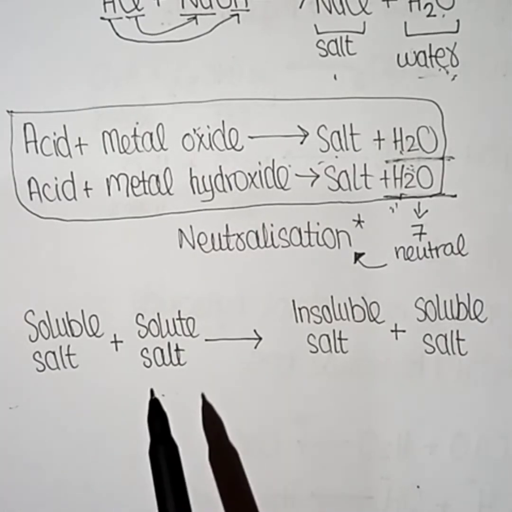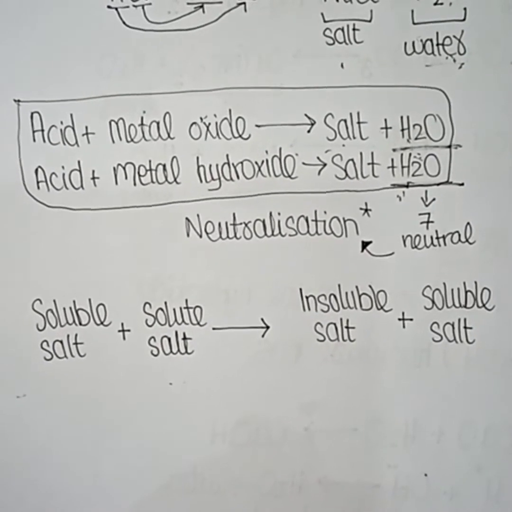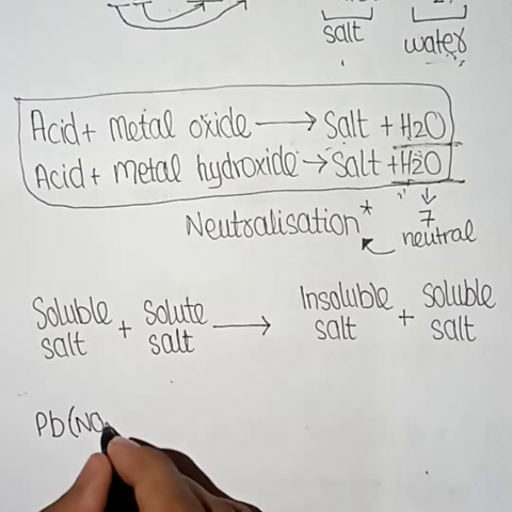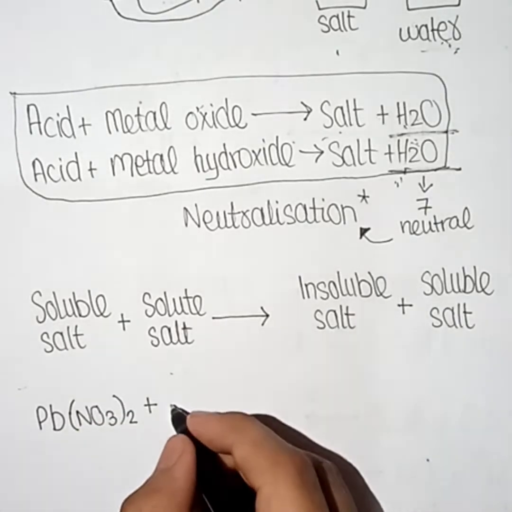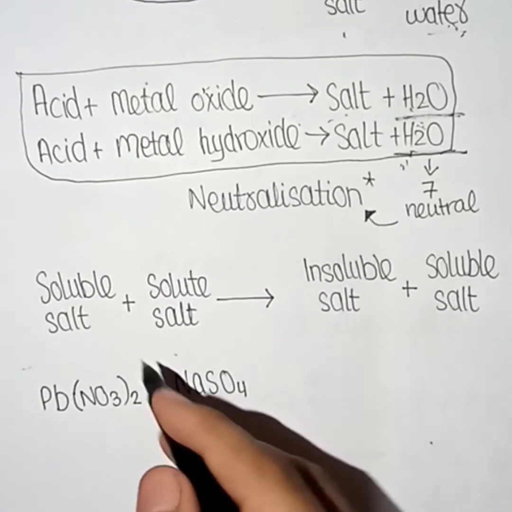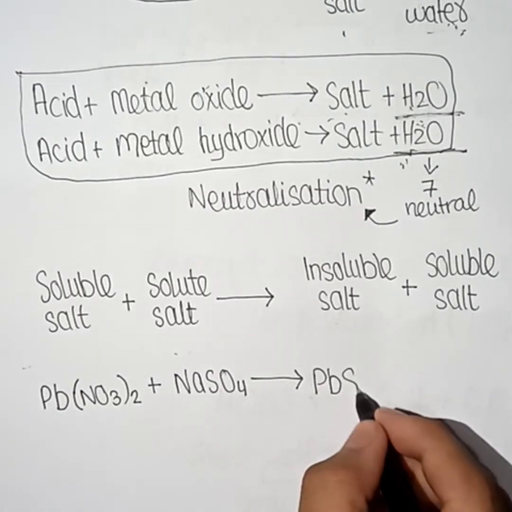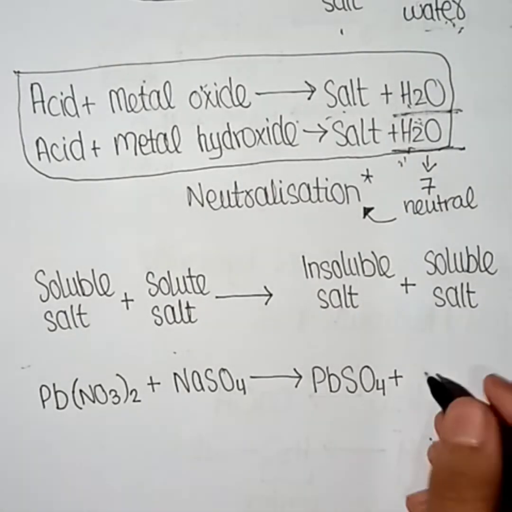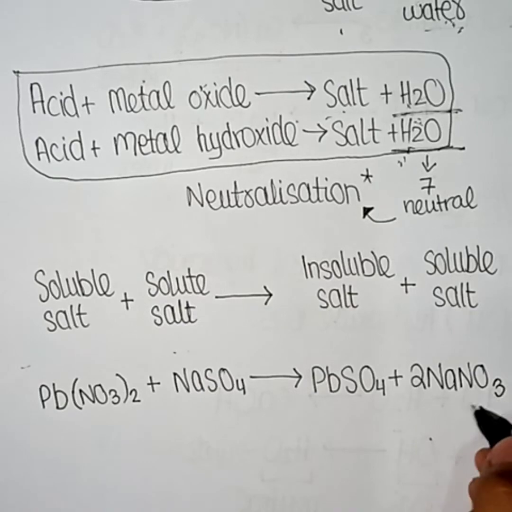Now how can we represent it? By giving lead nitrate, which is a soluble salt obviously, and sodium sulfate, in which we have dissolved this, will give us lead sulfate, which is insoluble, and 2 moles of sodium nitrate, which is a soluble salt.